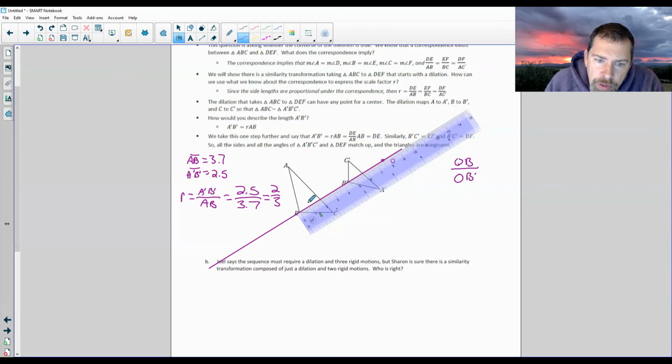So O to B over O to B prime equals 3 to 2. Okay? OB, but B to B prime is a distance of 4.5. So the B over B prime is a distance of 4.5. This is interesting. All right, let's bring some algebra into this. So B to B prime is 4.5.